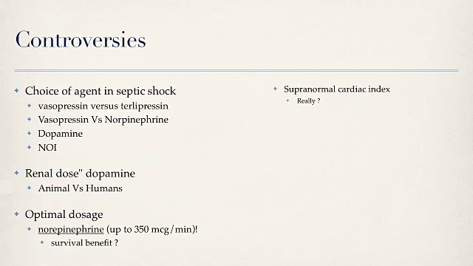We know that low cardiac index or low oxygen delivery is bad for the patient. However, we are not looking for supranormal anymore. We're looking just for getting the cardiac index to normal, perfusion as close to normal as possible, but not pushing it to supranormal levels.